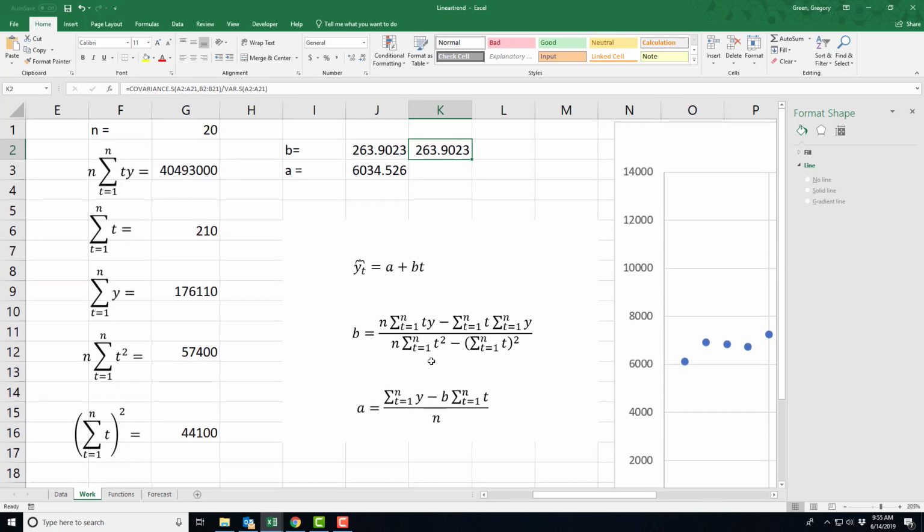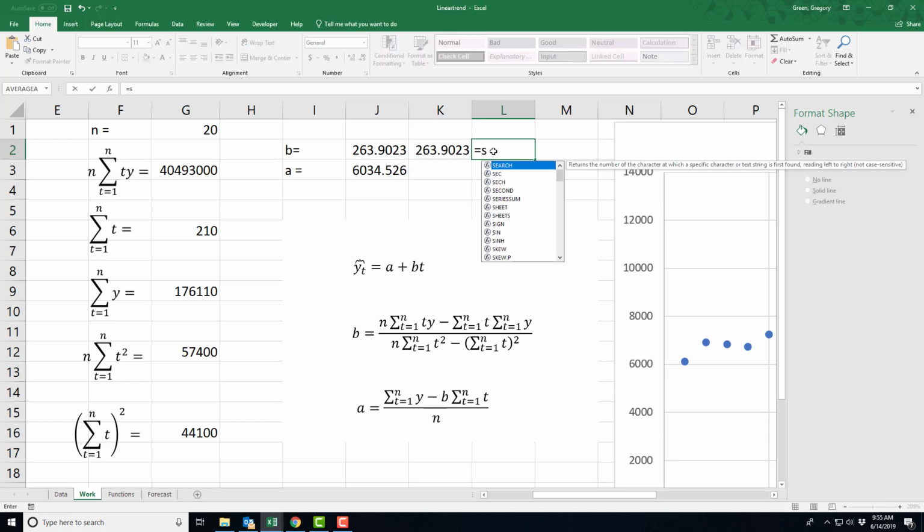One other thing you might ask, is there a simpler way to get the slope and the intercept than going through this process? And I always hesitate to give simpler versions because I like people to understand why they're doing what they're doing. Because if you understand what it is you're doing, you can also understand when you've made mistakes. But let me just show you. Excel has this slope function.